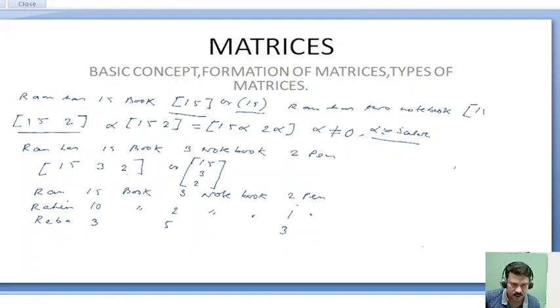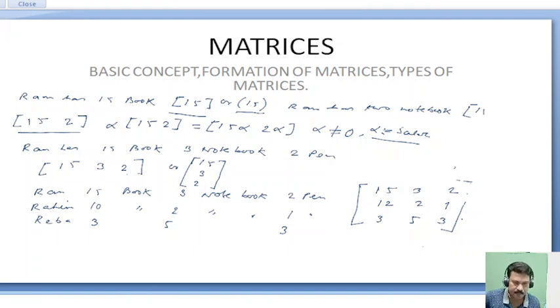We will note these three persons having this type of items as 15, 3, 2; 10, 2, 1; and 3, 5, 3. These rectangular arrays are called matrices.